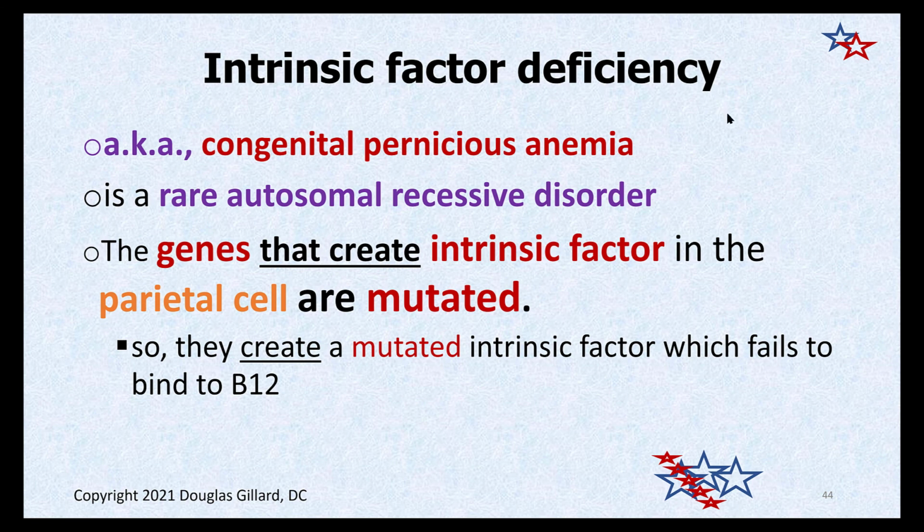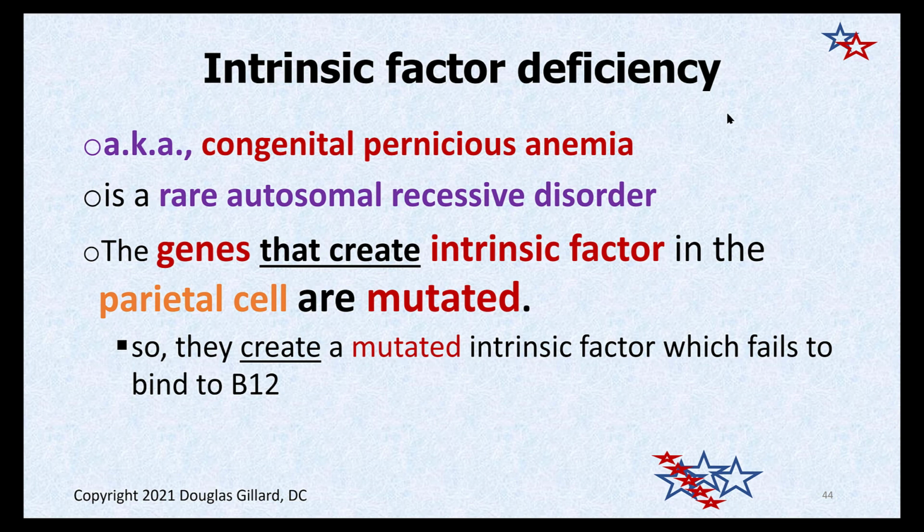So an intrinsic factor deficiency can also lead to type B pernicious anemia. Now I hear you going, hey, wait a minute. You said an autoimmune attack against the parietal cells could cause intrinsic factor to be messed up. Yep, but this is not an autoimmune type attack. This is a gene mutation in the gene that makes intrinsic factor.